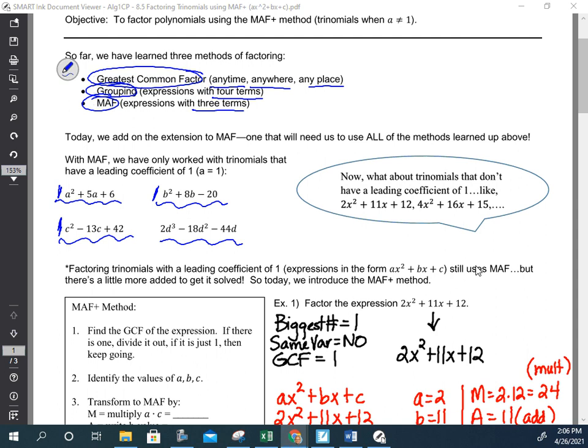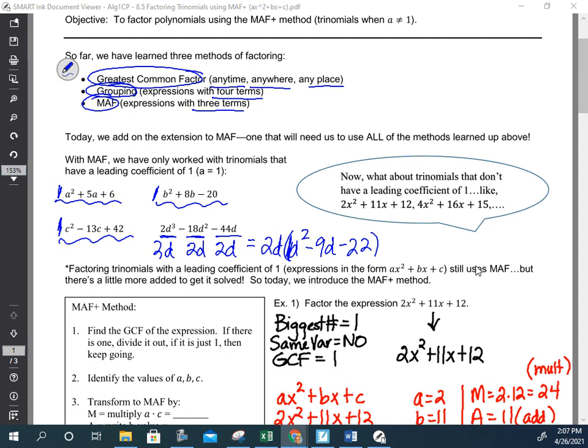That's true, but since you're supposed to take out the greatest common factor before you do MAF, the 2, the 18, and the 44 are divisible by 2, and you can take out the letter D. So this is really 2D parentheses D squared minus 9D minus 22. Now you have a 1 in front, so now you can use MAF that way. So far that's how our problems have worked.